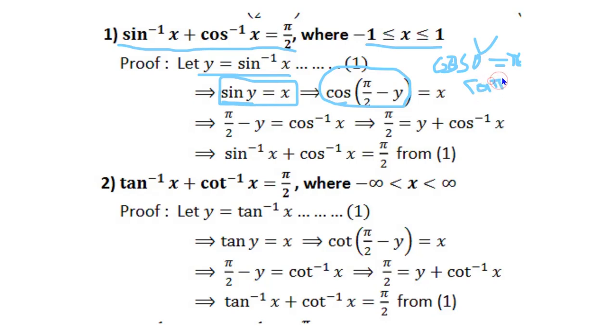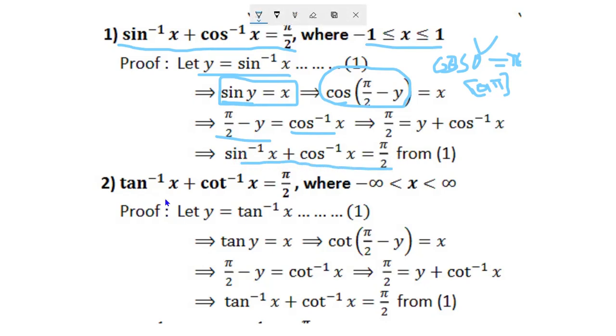If theta is in this interval, then only you can write theta is equal to cos inverse x. Here pi by 2 minus y is in this interval, therefore you can write pi by 2 minus y is equal to cos inverse x. And what is y? y is equal to sin inverse x. Therefore pi by 2 minus sin inverse x is equal to cos inverse x, or you can write it as cos inverse x plus sin inverse x equal to pi by 2.